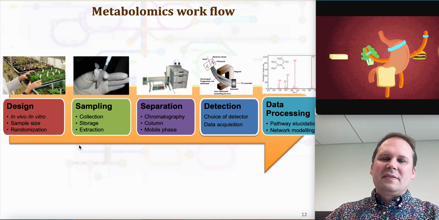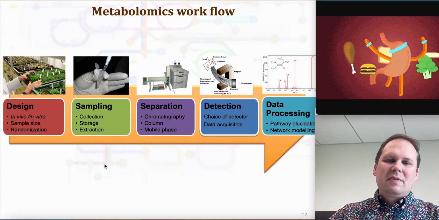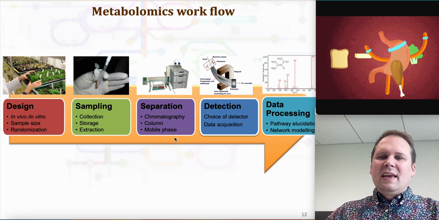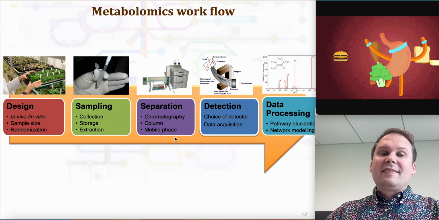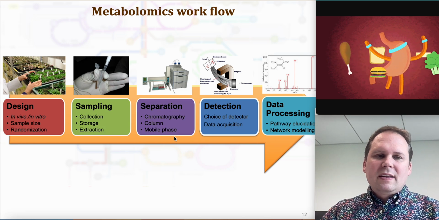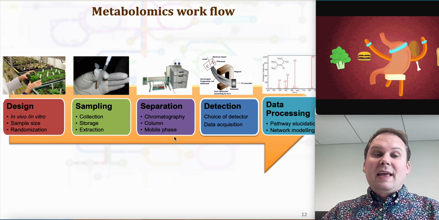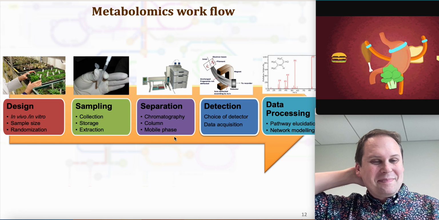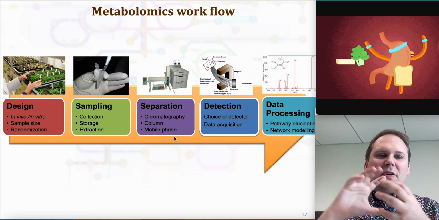Okay, so you'll come up with your plan, you'll sample whatever it is you want to sample, a particular tissue or something. Next, you're going to try to separate. So, for example, I've done some work on lipidomics. And for that, you would take the cell, throw away all the cytoplasm and soluble stuff, and just purify the lipids.